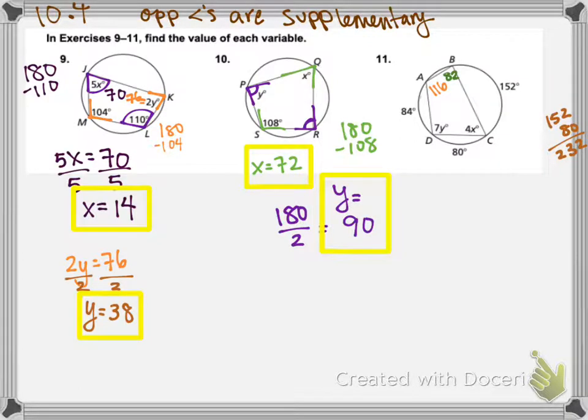So we know angles across from each other, like 4x and 116, they are supplementary. So 180 minus 116 is 64. That means 4x equals 64. Divide by 4.